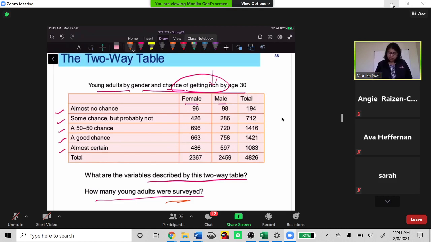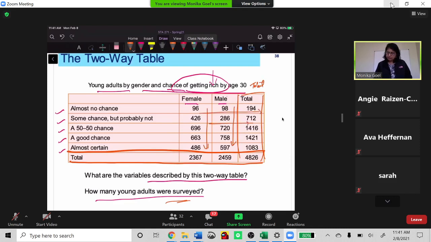When you create this extra row and same thing extra column, write it as total like how it is here, and then do the column total and do the row total. And these are your margins.